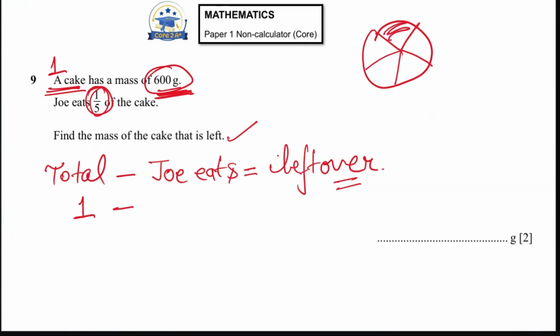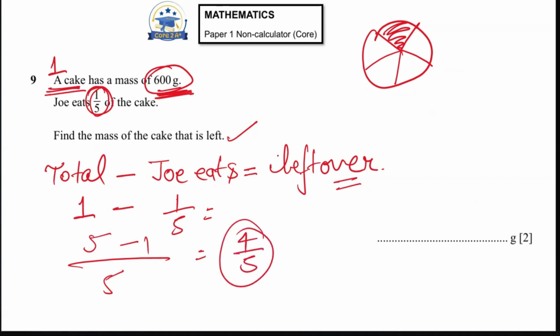So Joy eats only this part, okay? And we need to find the rest part. Joy eats 1/5. So leftover is how much? 5 minus 1, which is 4/5. This is the part, okay? This is the part in fraction form. But find the mass. Here you have to find the mass.